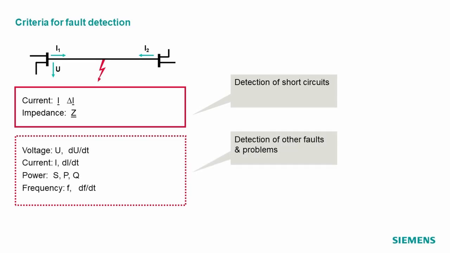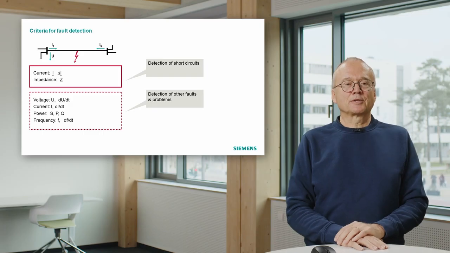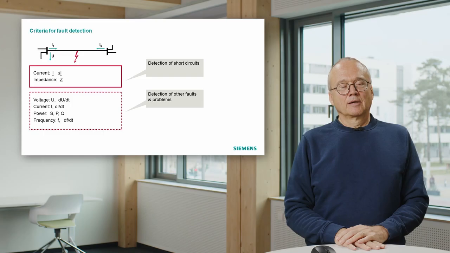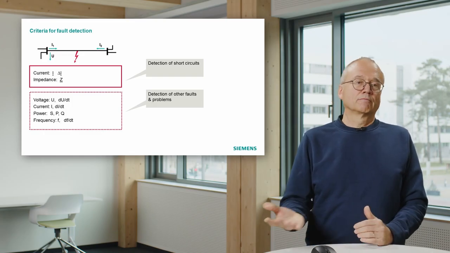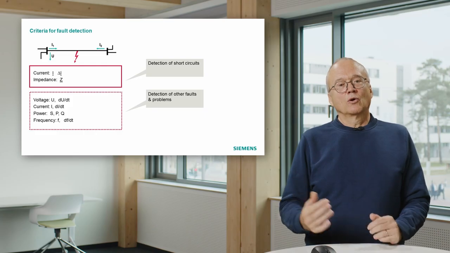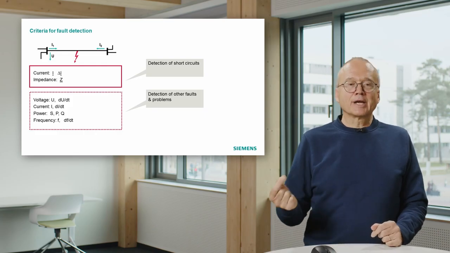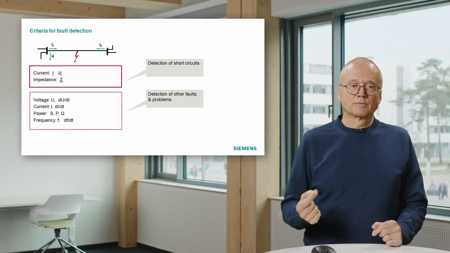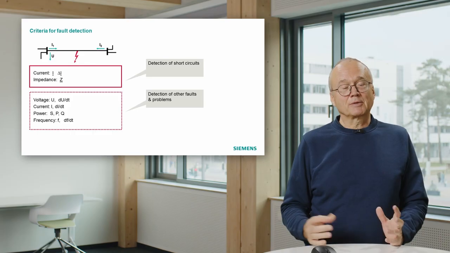I mentioned already in the beginning, we have also other types of faults, and to detect them, we need other principles. We can look at the voltage. We have to detect overvoltages, undervoltages, also the rate of change of the voltage, and the current is sometimes required.